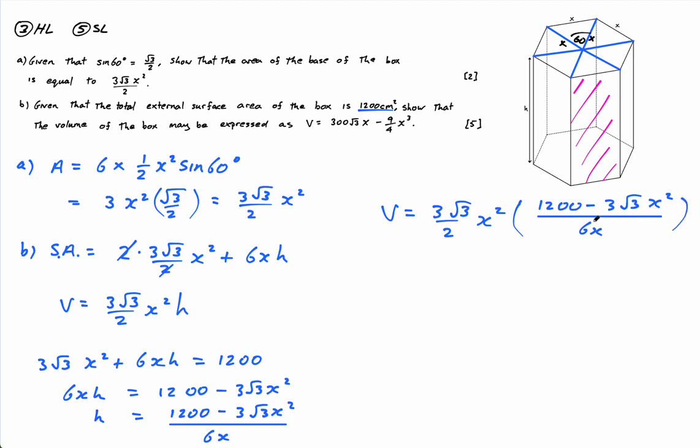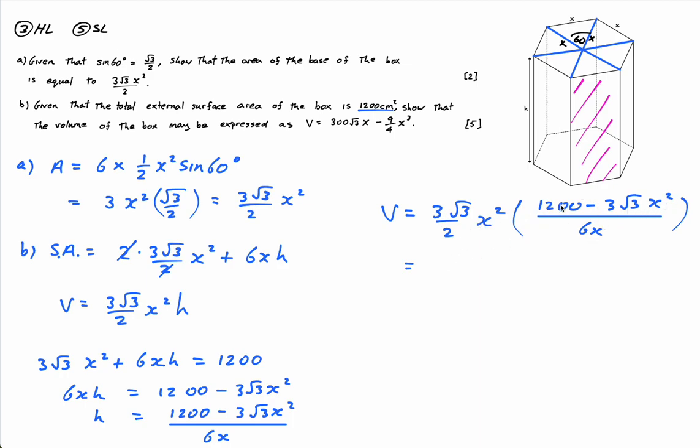And now I just need to multiply this out and get this, which hopefully is not difficult. Okay, how shall I do this? Let us start by doing all of this by the 1200, and then all of this by the 3 root 3 x squared. But remember, it's 1200 over 6x and 3 root 3 x squared over 6x. They're both over 6x.